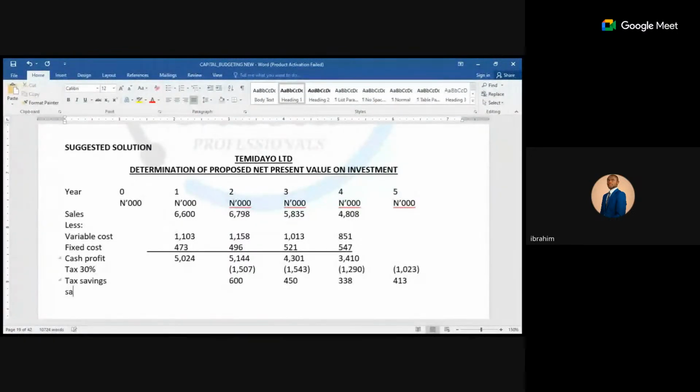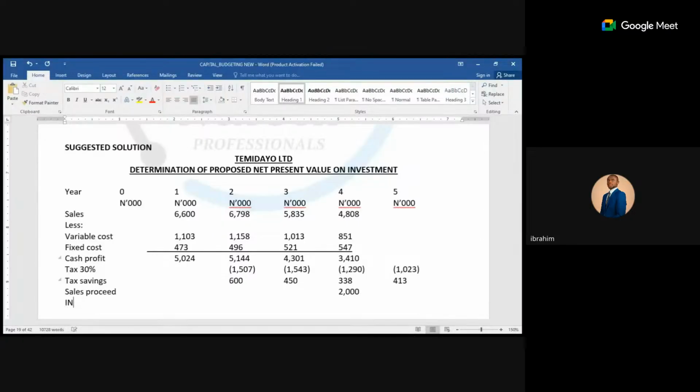So we have the sales proceed, which is the scrap value. That was sold at the end of year 4. After that, we have our assets, which is our investments.